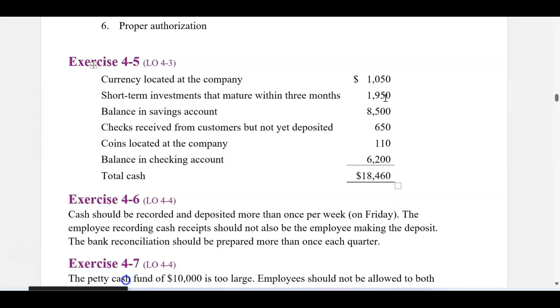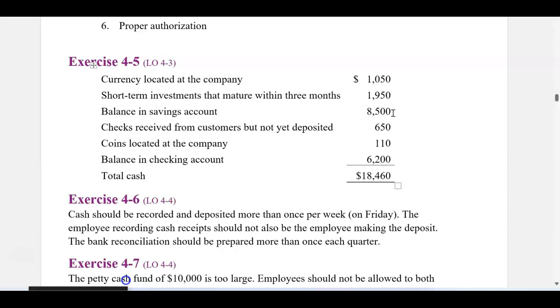We have short-term investment that matures within 3 months, that's 1,950. Short-term investments with a maturity date of 3 months or less will be considered cash. They are very liquid. 3 months or less maturity is considered a cash equivalent.